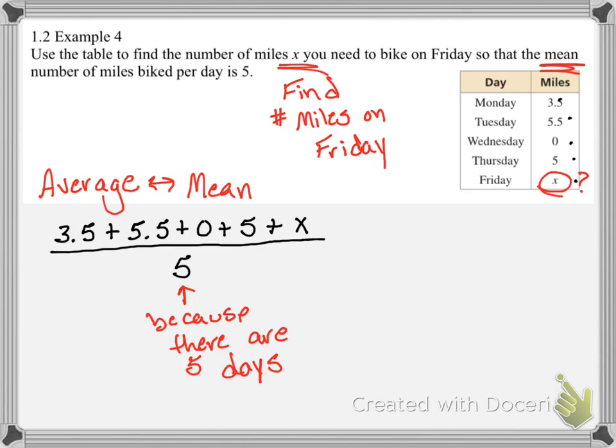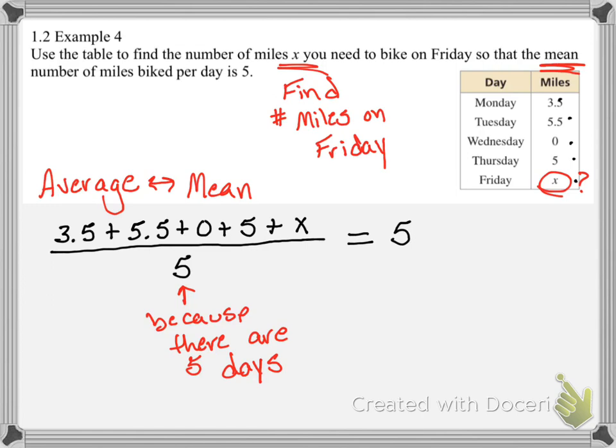And so what should this equal when it's all said and done? What do I want the mean to be? 5. So now, do I have an equation? I have 3.5 plus 5.5 plus 0 plus 5 plus x, all divided by 5.